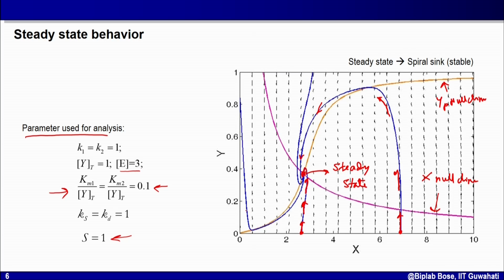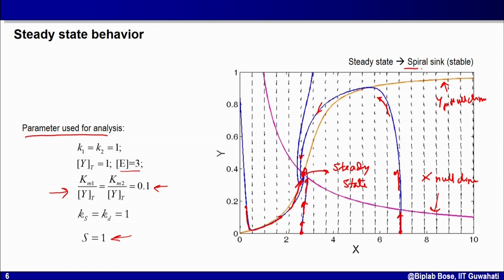If I start somewhere here, then I will follow this trajectory and ultimately collapse at the steady state. So as you can see, wherever you start from in the phase plane, you are eventually moving in a spiral path and collapsing at the steady state, which is the intersection of the YP and X nullclines. So that's why this steady state is a spiral sink, and obviously it is a stable one. What I have shown in this phase portrait plot is that for this system there will be only one steady state, and that steady state is a stable one, so it is a monostable system.